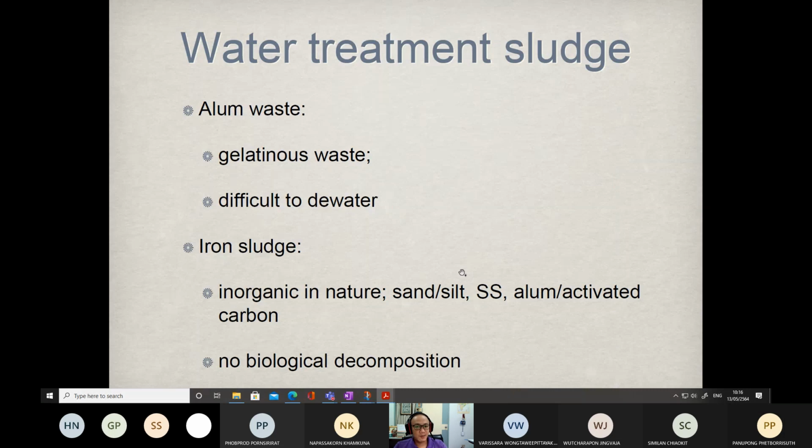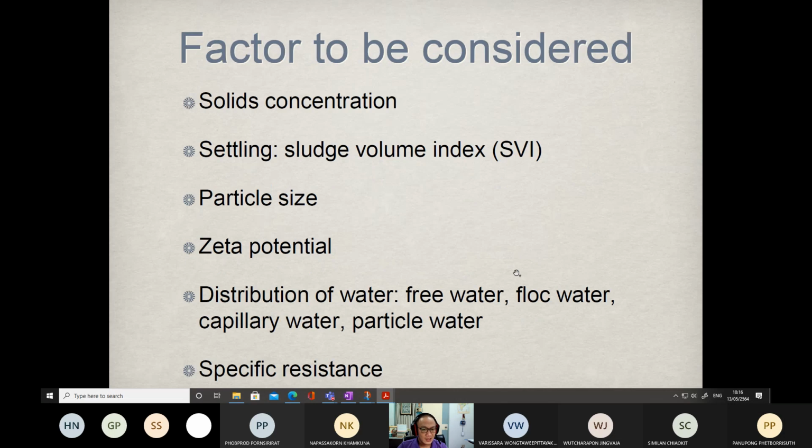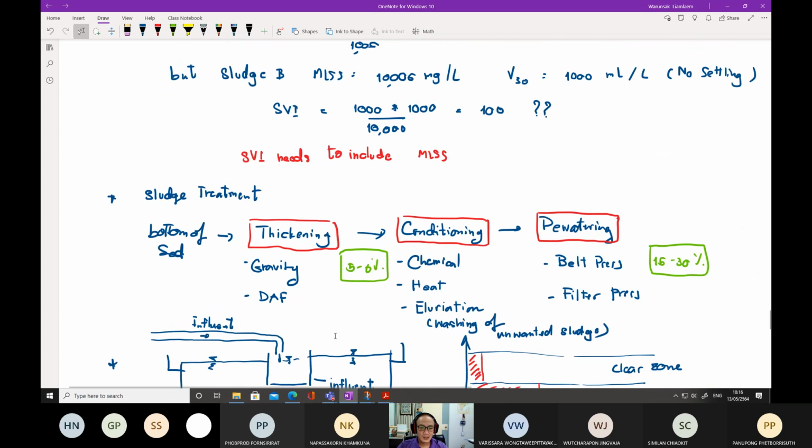So these are the explanations about the sludge generated from the water treatment, which I have already mentioned. The sludge characteristic. Okay, so according to the sludge treatment and management, basically the sludge we obtain from the bottoms of the sedimentation tanks. We put it in the gravity thickening process. After the thickening process, the sludge concentration could actually increase up to 5 to 6%.